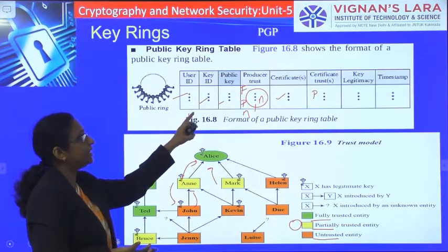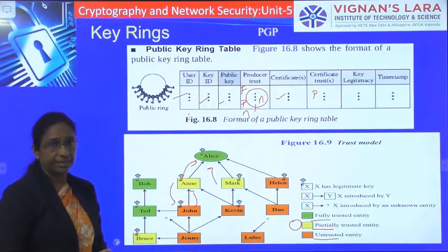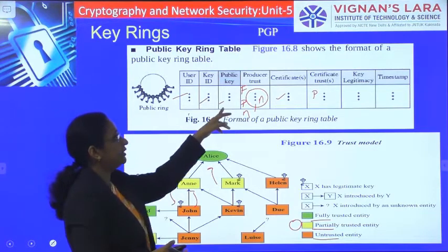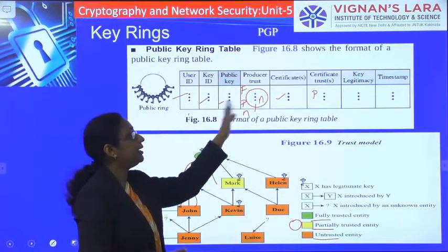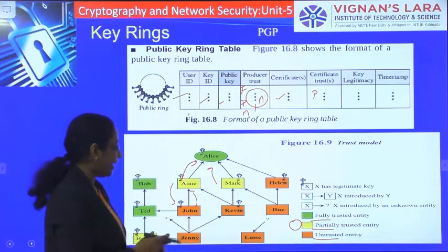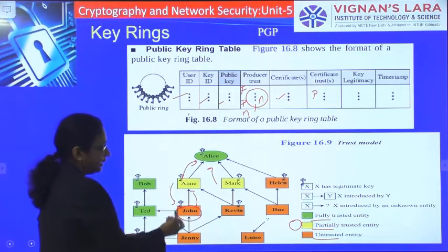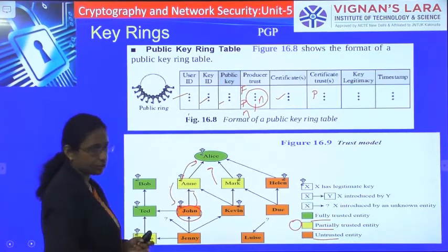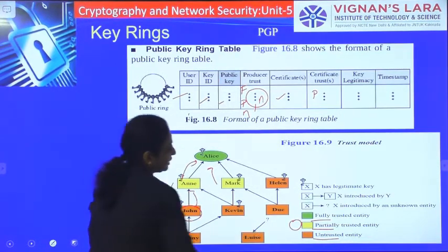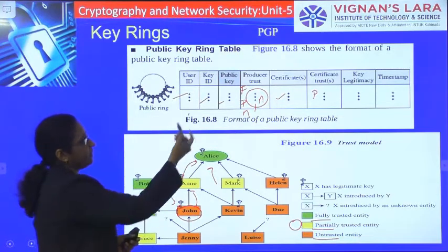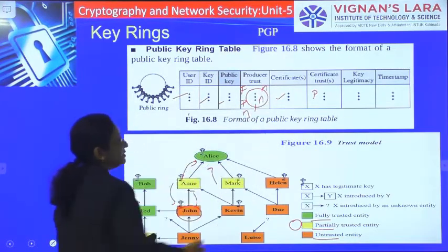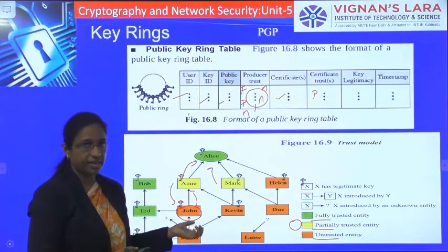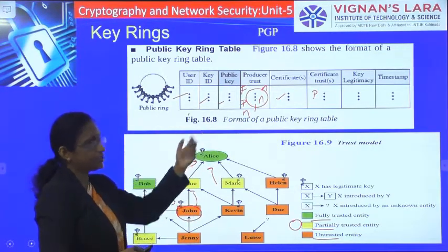Similarly, the public key of that entity will be stored here. And similarly producer trust. If the entity is John, since John is an untrusted entity, we will place N here. And whatever certificates John has will be stored there.